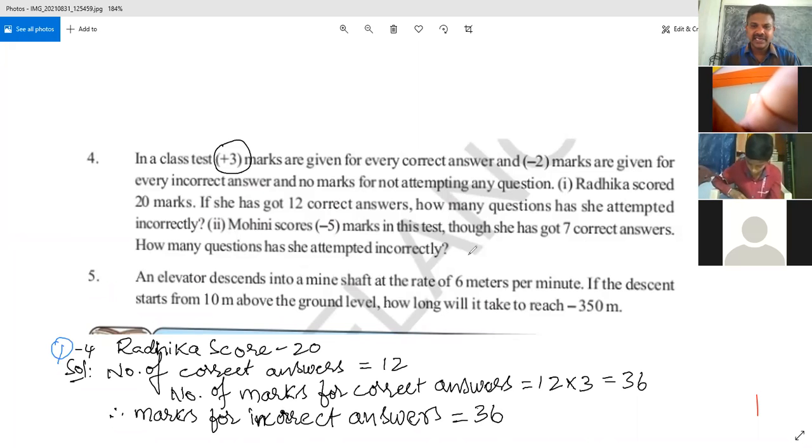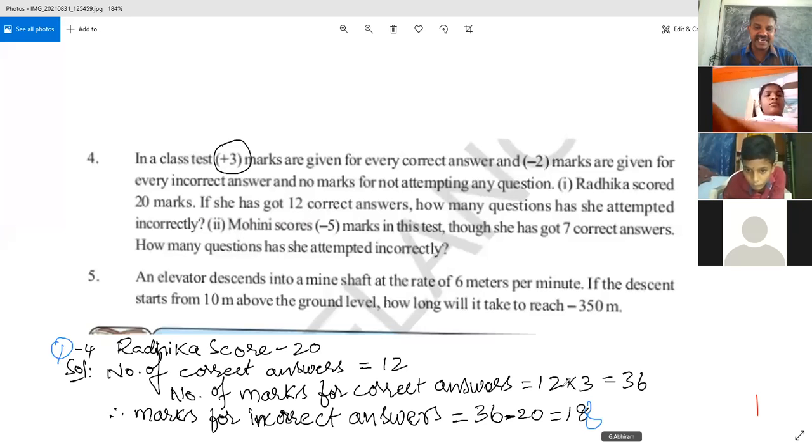And see, Radhika scored 20 marks. Altogether 12 correct answers, she should get 36 marks. But she got only 20 marks as given. So if you subtract 20 from 36, we get a clue about the marks for incorrect answers, right? So 18 marks.